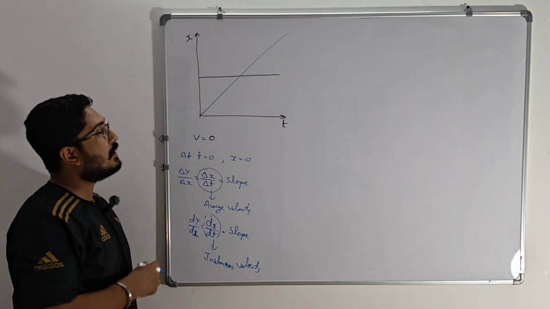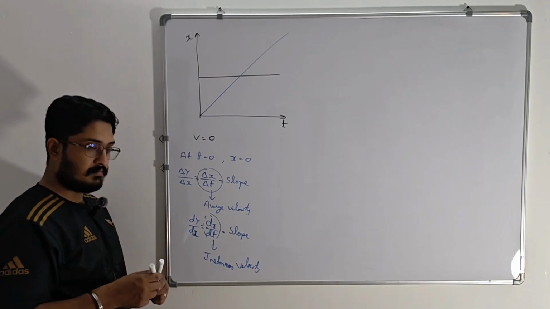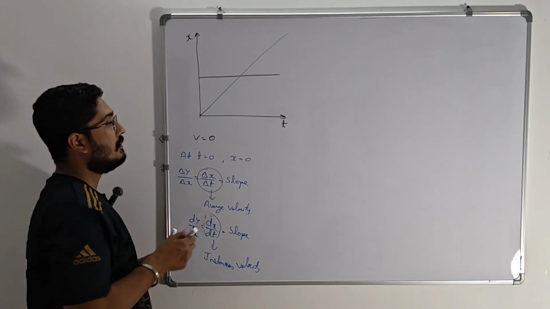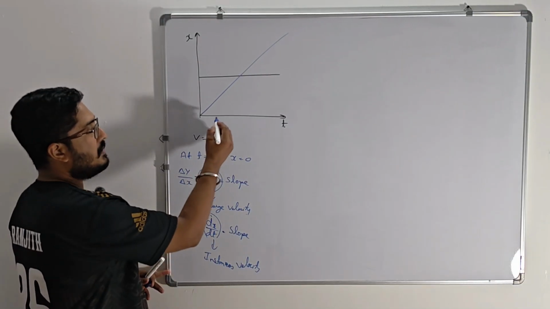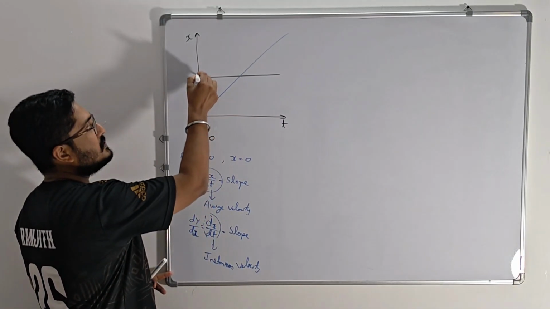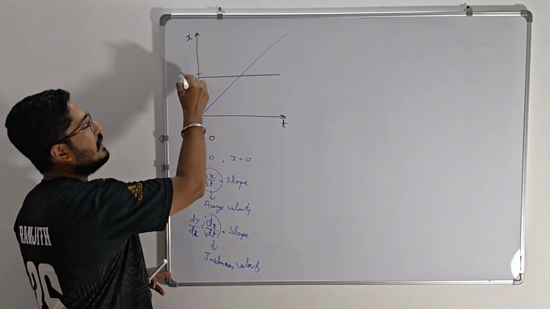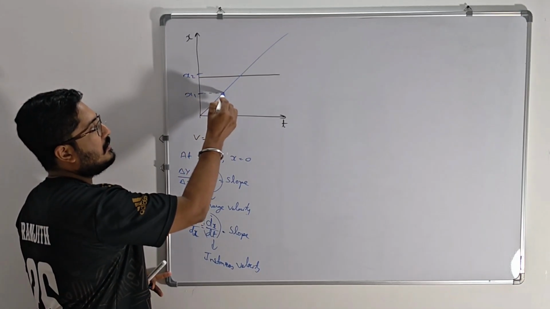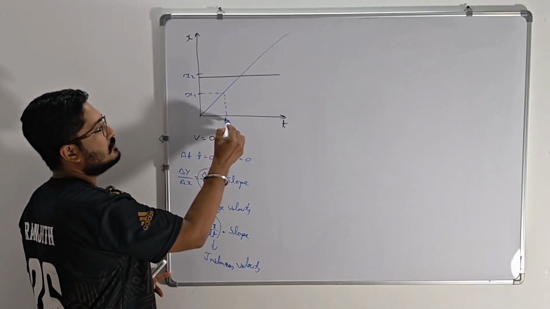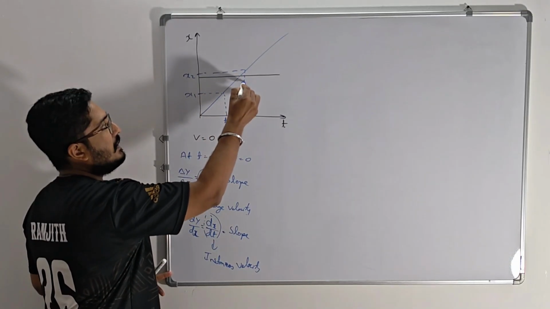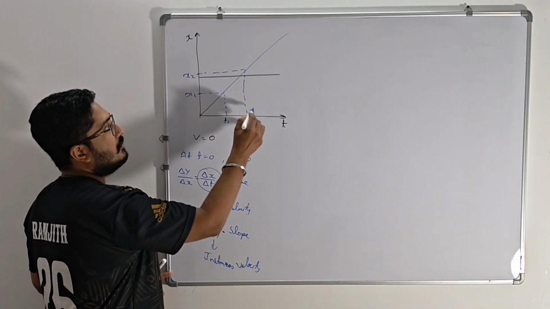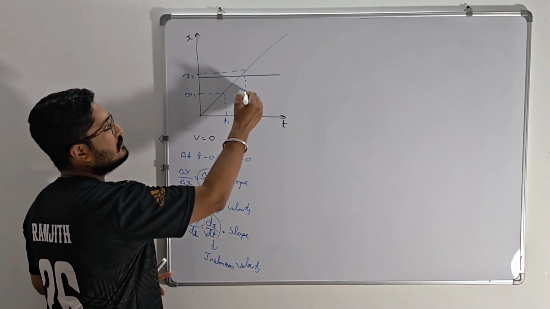Simple. Now what can you say about the slope of a line? It's a line in our case, right? So delta x, if you want to find out, you have to take, let us say, two positions, x1, x2. Correspondingly, you have to take two time values, t1 and t2.